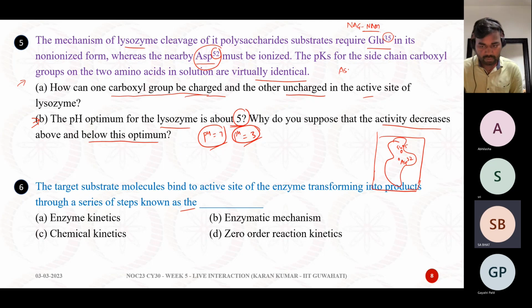Enzyme mechanism. Any other answer anyone has, or is everyone agreeing with the enzymatic mechanism? Any different answer? Okay, this process is known as the enzymatic mechanism.